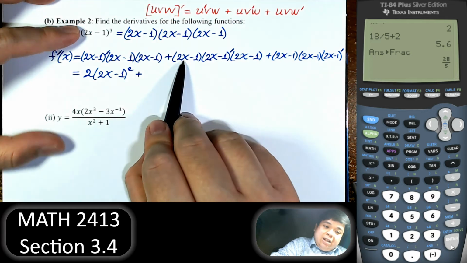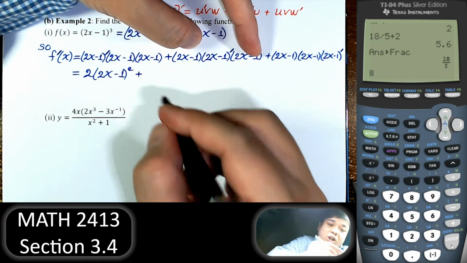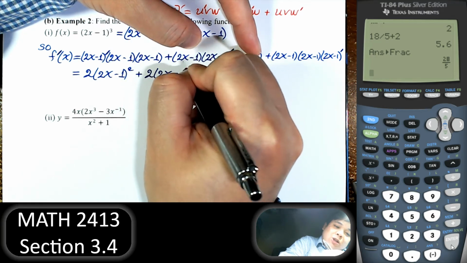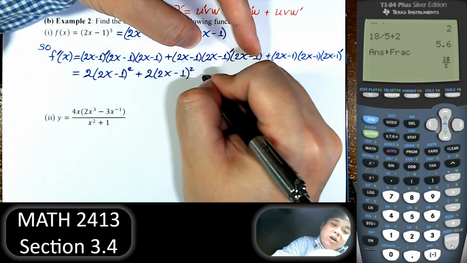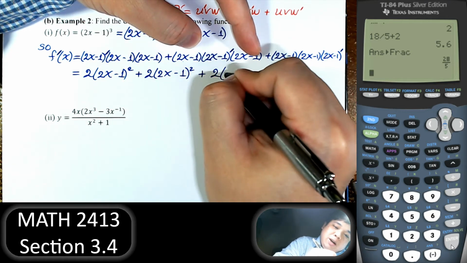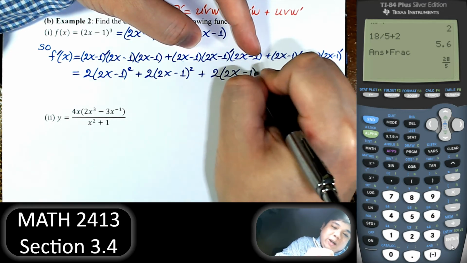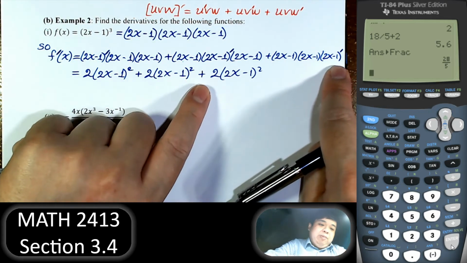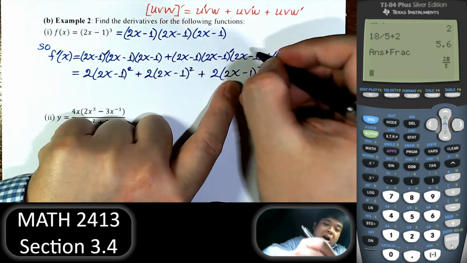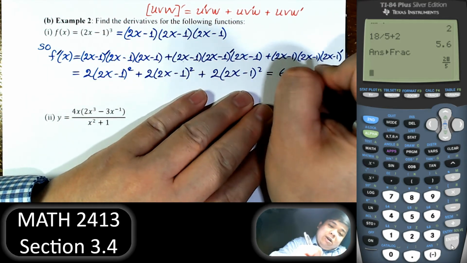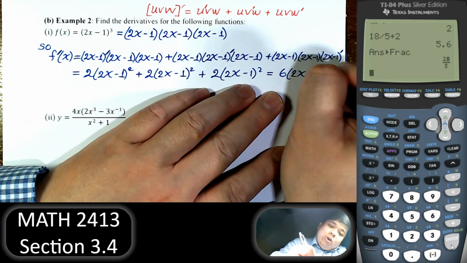Now the middle is 2, so we also have 2 times (2x minus 1) squared as well. And the last one, (2x minus 1) squared, and then the derivative is 2. All of them are the same, combine like terms. 2 plus 2 plus 2, 6 times (2x minus 1) squared.